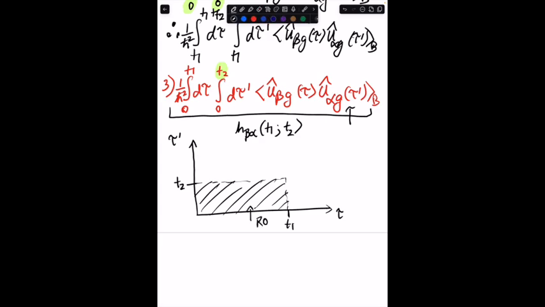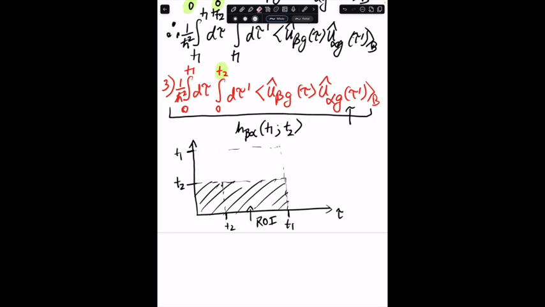Now the subsequent proof is very graphical, I would say. If this is T1, it's supposed to look like a square, and if this is T2, then you have this region, and you want to calculate this region of integration.